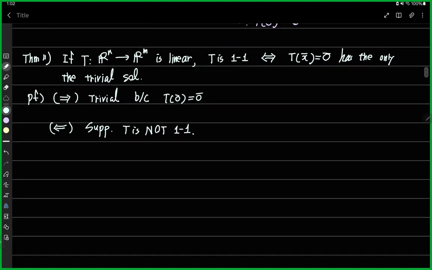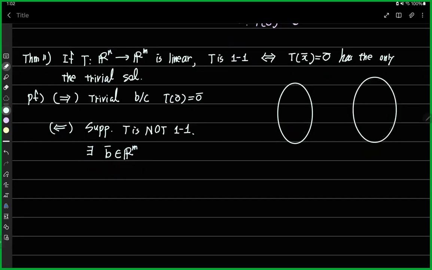If T is not 1 to 1, then there exists, that's the symbol of existence, there exists a vector B in our Rm space, right? What does that mean? T is not 1 to 1, which means that, let's say this is a domain, this is a codomain right here.